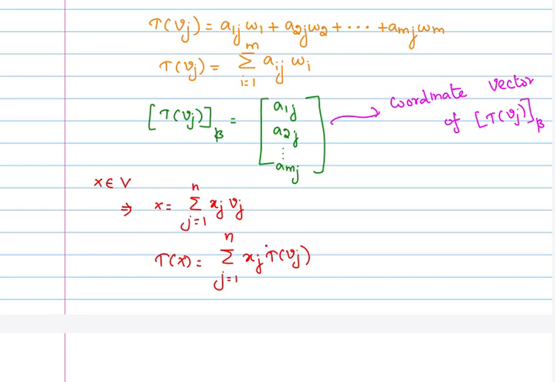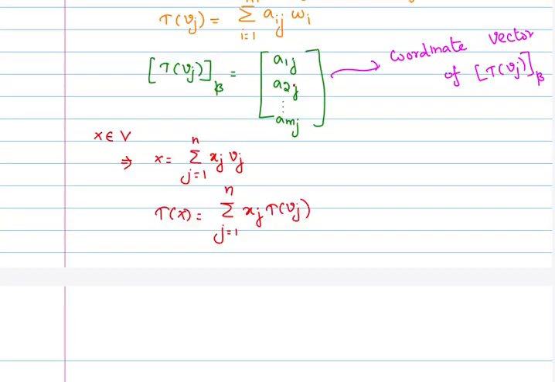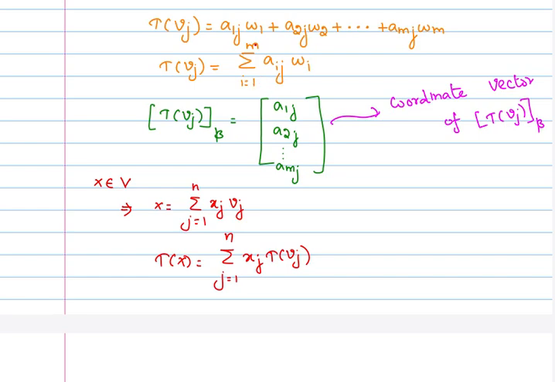We know T(vj) equals the sum from i equals 1 to m of aij wi.